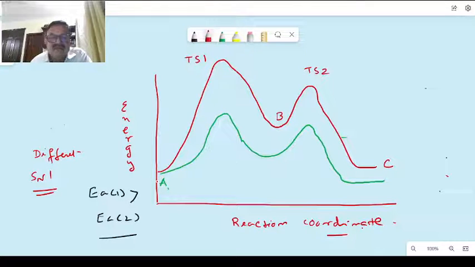In the same way, this A goes through TS3, transition state 3, then another intermediate D, then TS4, transition state 4, and product E. Correct. So like this, we can see the relative stability of the transition states.